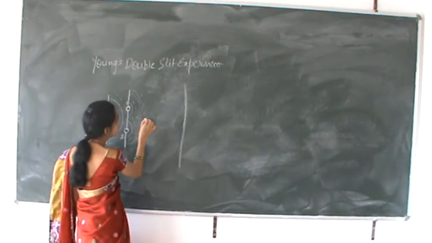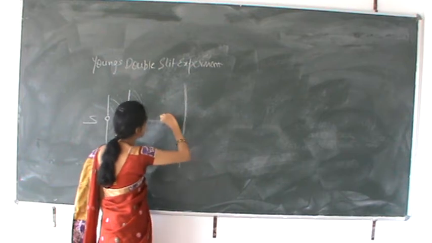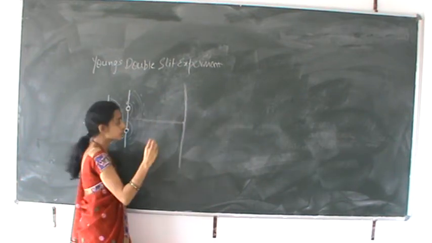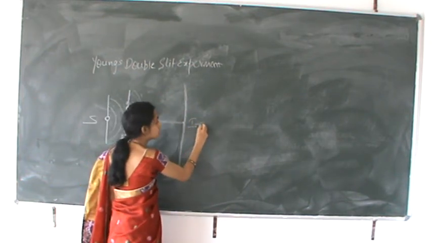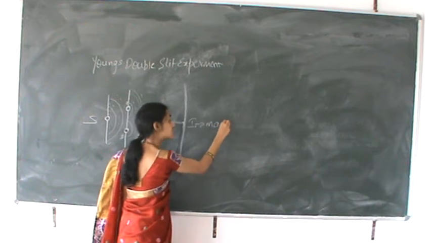It has been seen that exactly at the center the intensity will be maximum, which is nothing but the central bright fringe.